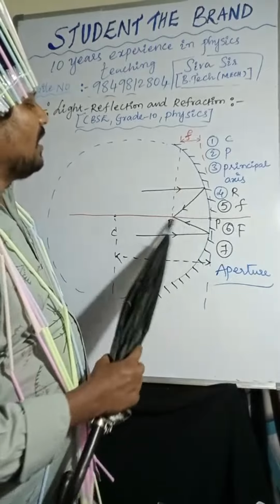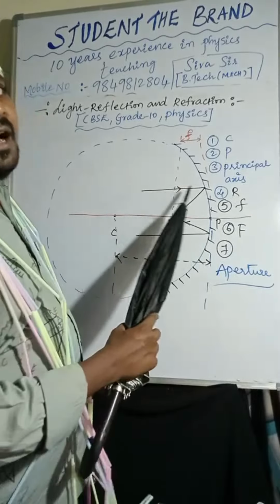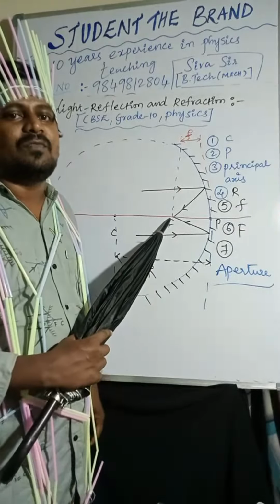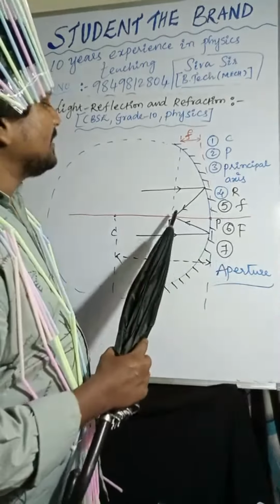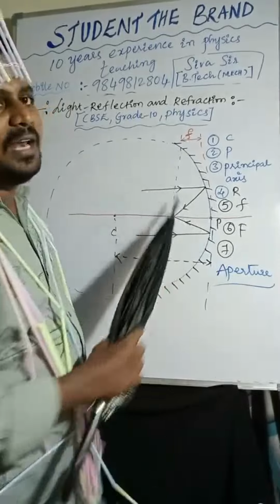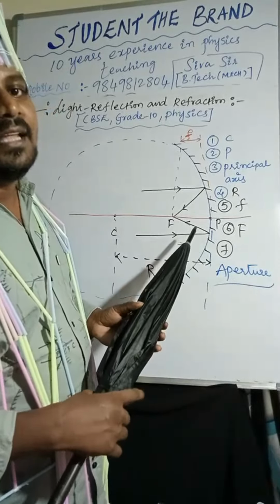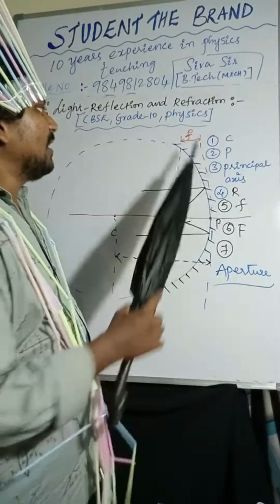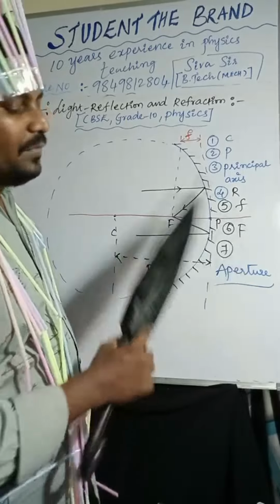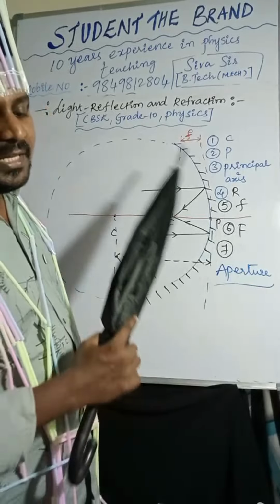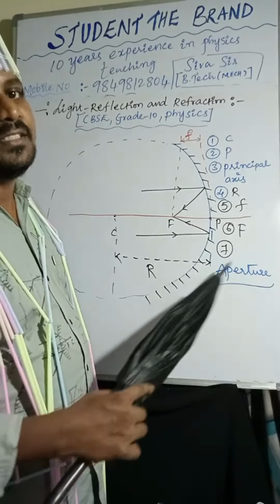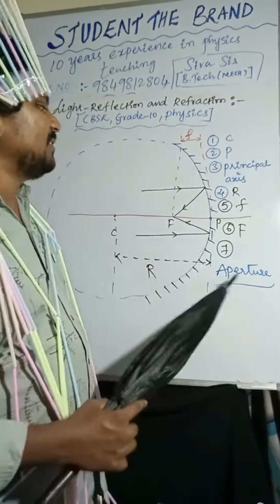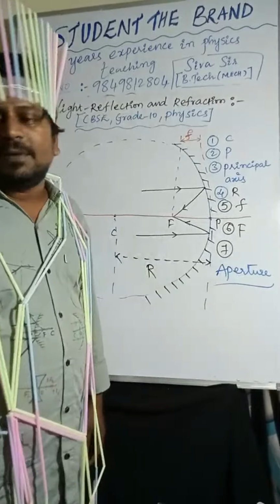After reflection, all rays are meeting at one point. That is called focus. The distance between focus and pole is called focal length. The width of the reflecting surface is called aperture.